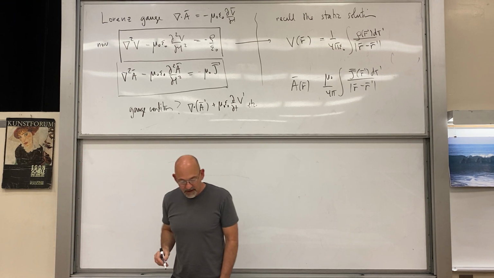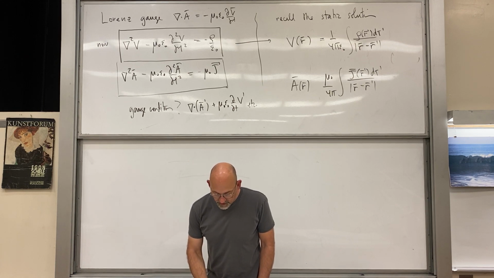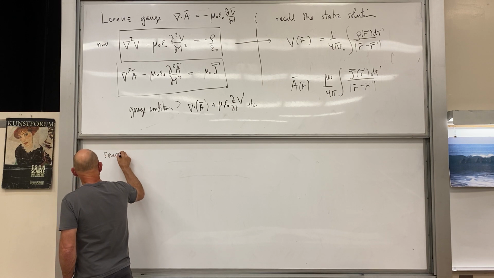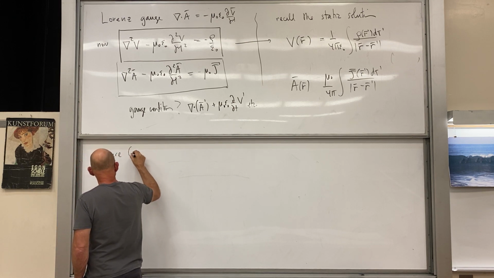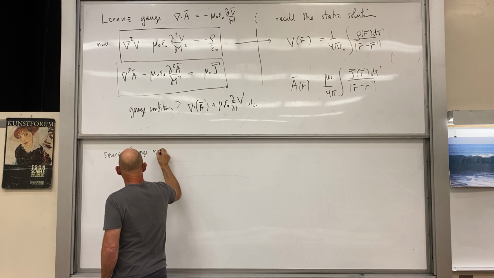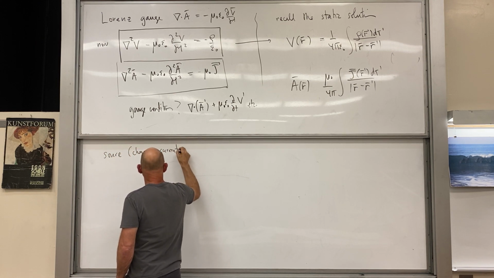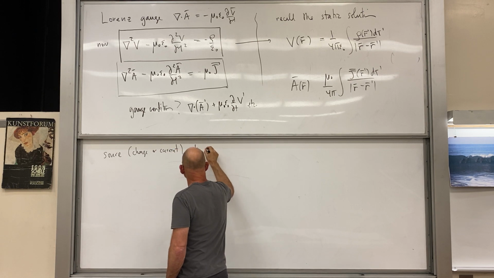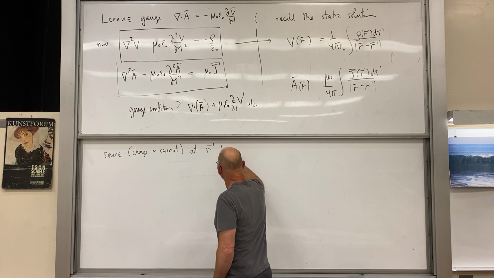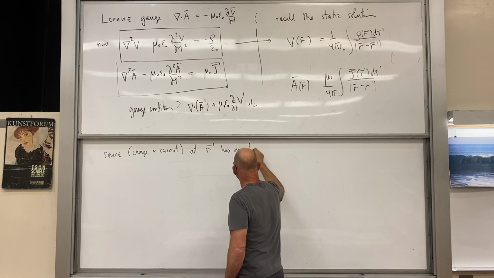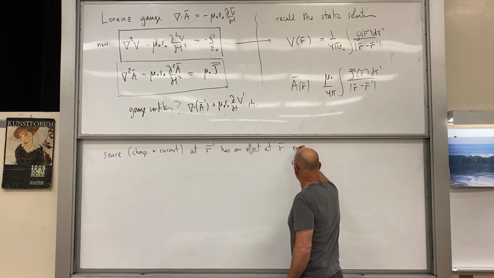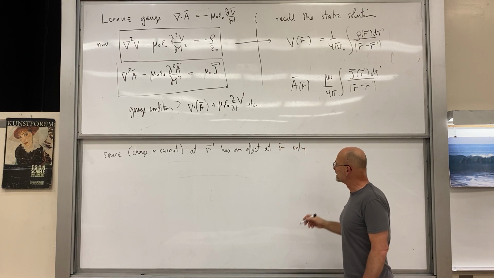So let's just, actually I'll just write this down and then we'll discuss it. Source, right, charge or current, at r prime has an effect at r only after a finite time.